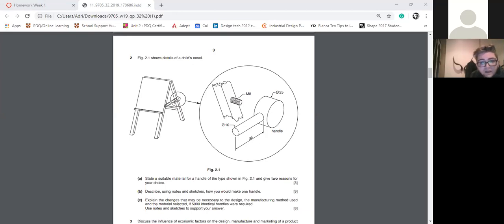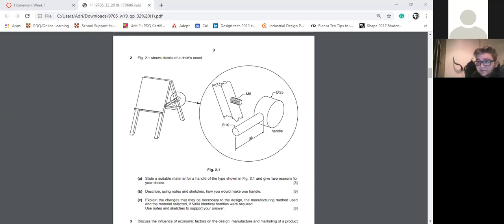Okay, so you're not seeing. Let me tell you what I see. I see up until question 3, discuss the influence of economic factors on the design. Okay, but you don't see any pictures. Now I do see the pictures, but only up until discuss the influence. Okay.